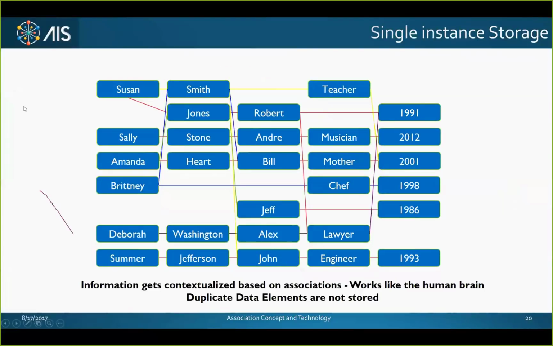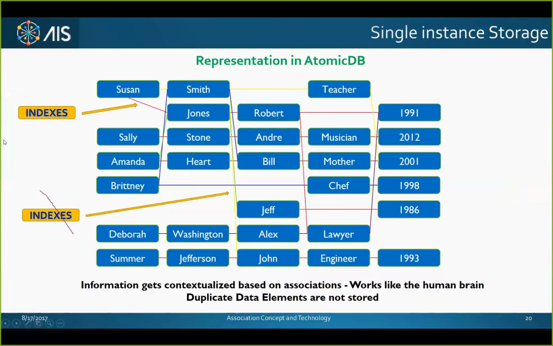So you'll see Susan points to Smith, points to teacher, and points to 2001, and also as a middle name or a last name, John. But she's also using Jones, Robert, 1991, and Brittany can be used as Smith and Chef, 1998. So we control the indexes. The data, as I said, is a very small area.